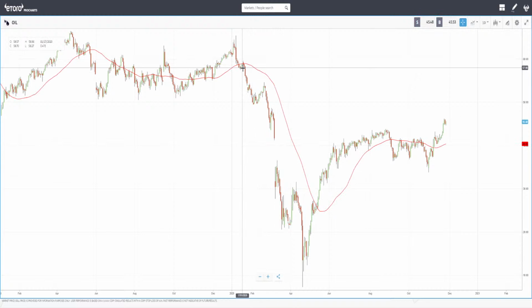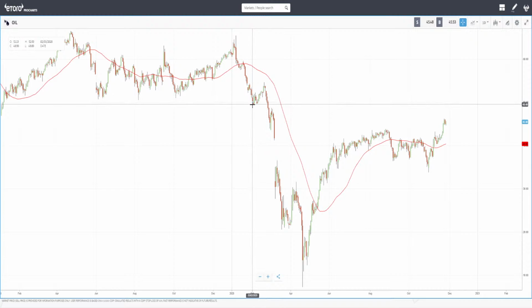But you can see that the distance between the candlesticks and the 50 moving average is also very important. The further you are away from the 50 moving average in price action, the more oversold or overbought you are.